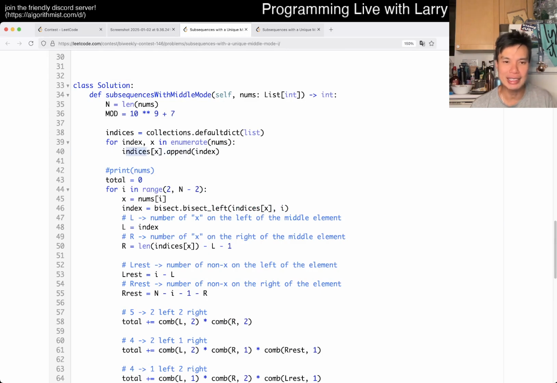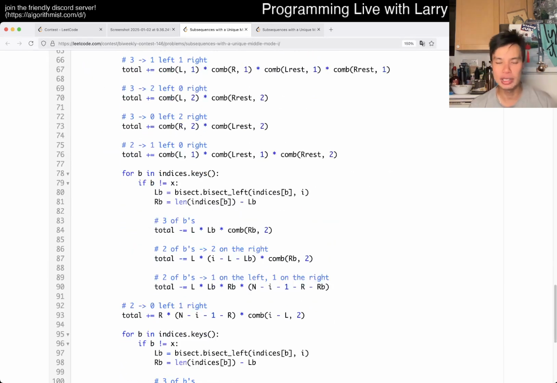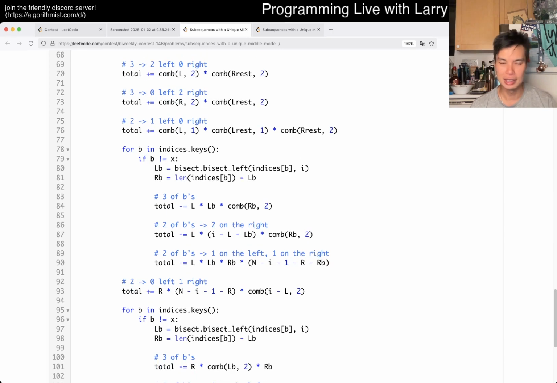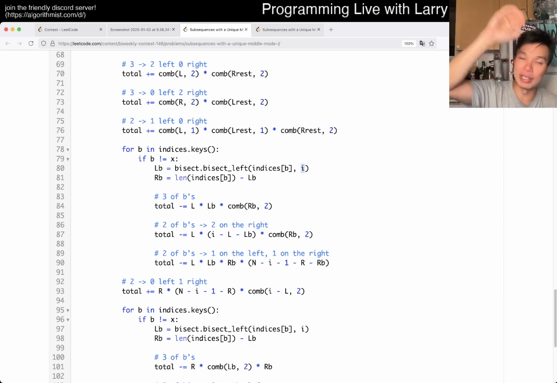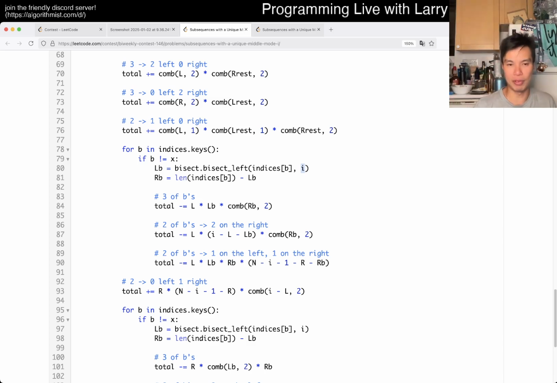But yeah, we have indices of x that gives you, for every x, all the indices for that x. And of course, that just allows you to do a binary search on it, on the I, where I is the middle element that we're trying to look up.